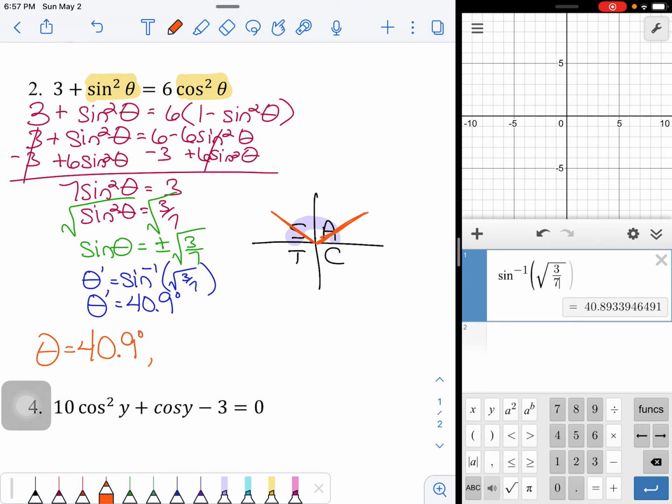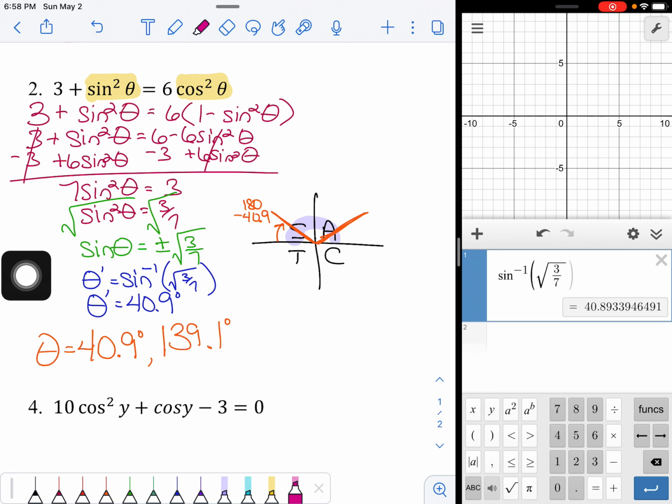In quadrant 2, we're going to basically take 180 and subtract the reference angle, all right, because we want to back up off the x-axis, that 40.9 degrees. So that's going to put me at 139.1 degrees. Now, separately, let's take a look and say what happens when sine is negative.